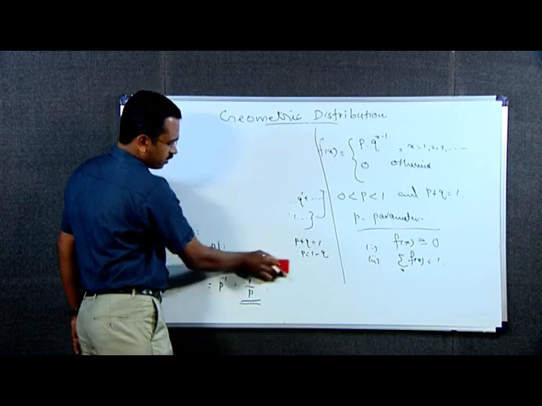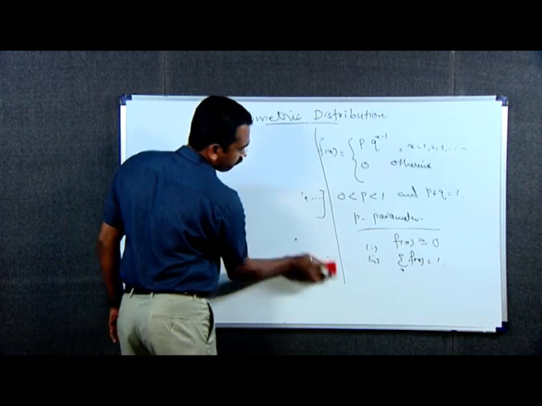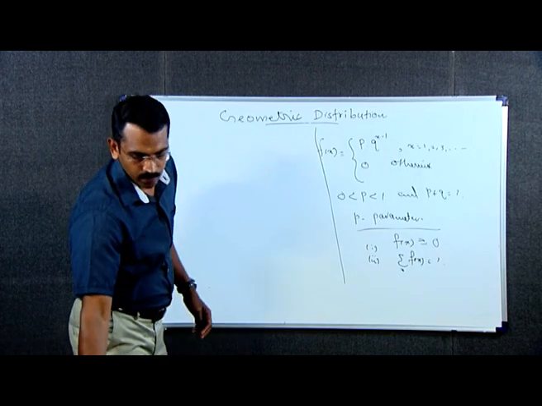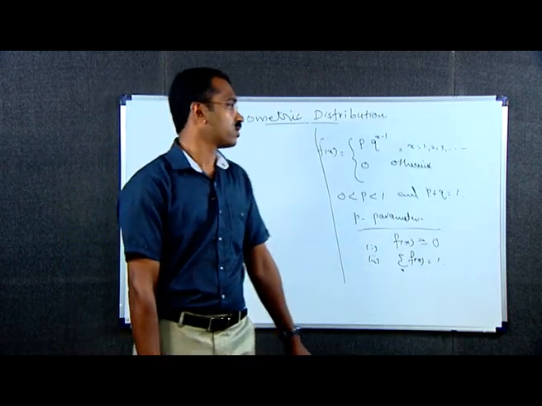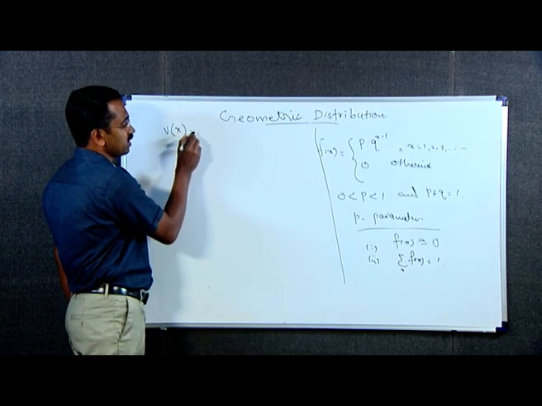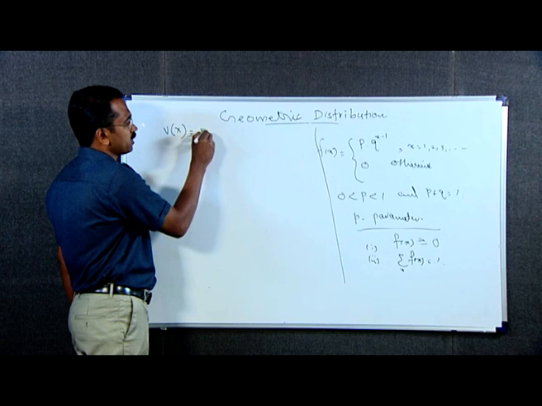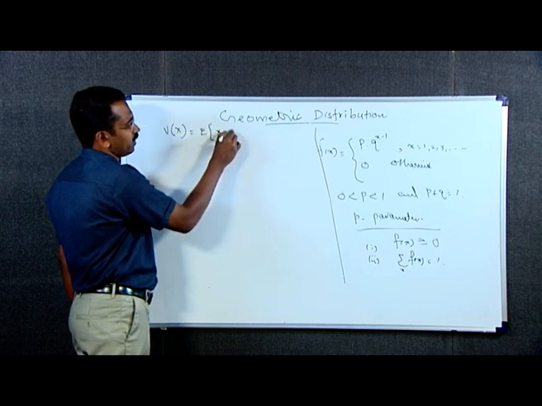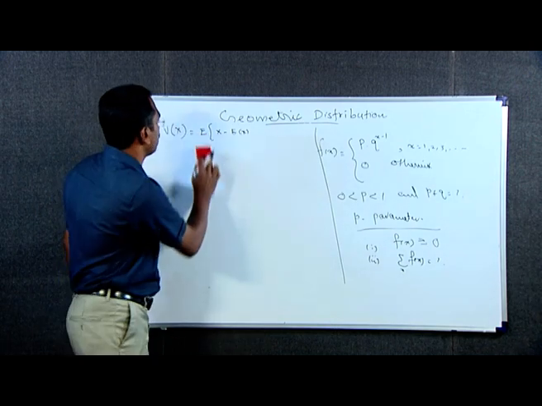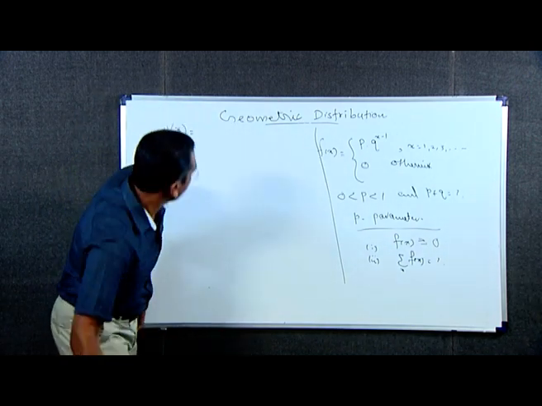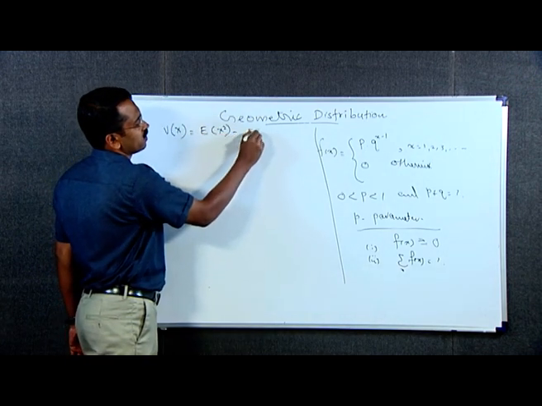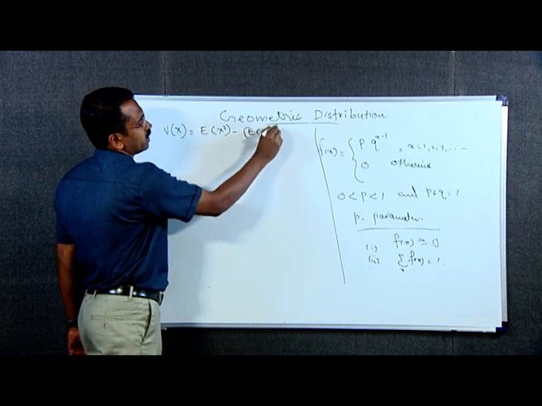Now we can find the variance of the geometric distribution. By definition, variance of x, we can use this form: variance of x is equal to expectation of x square minus expectation of x the whole square.